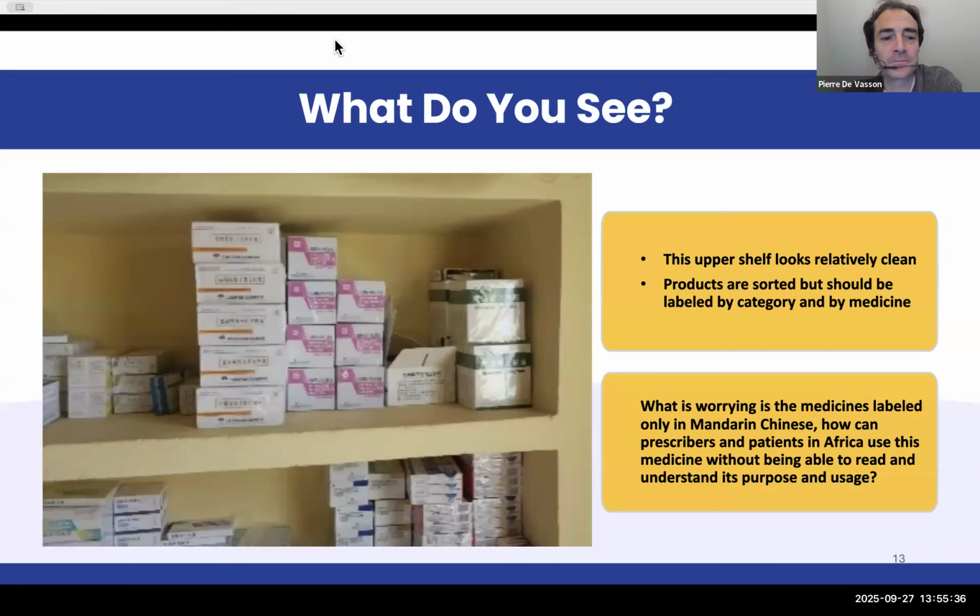In South Sudan there are Chinese clinics and hospitals, and majority of them write the prescription in their own language, which means that medicine will not be found outside Chinese premises.